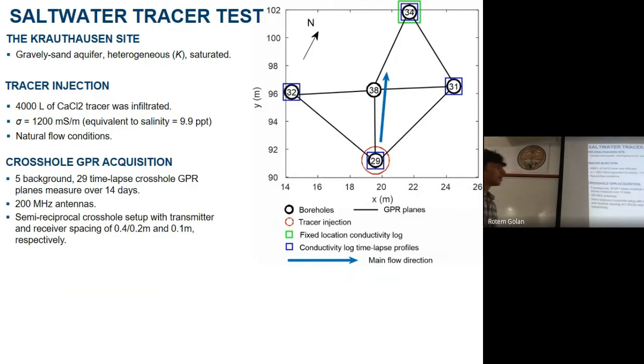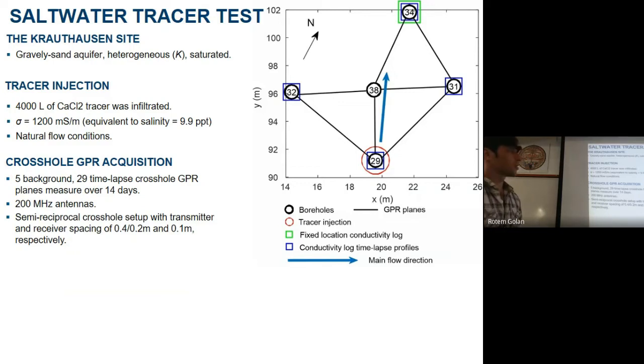Then for 14 days, we measured the GPR crosshole data between the black lines that we can see. The main planes that we will look at are the ones in flow direction, this one from the injection to the one here on 38, and also this one, and also perpendicular to the flow direction.